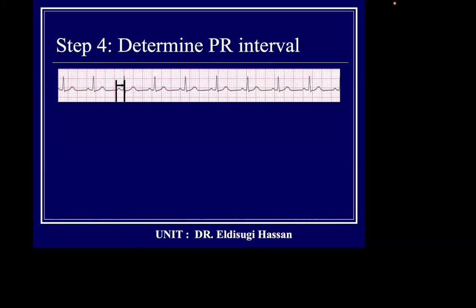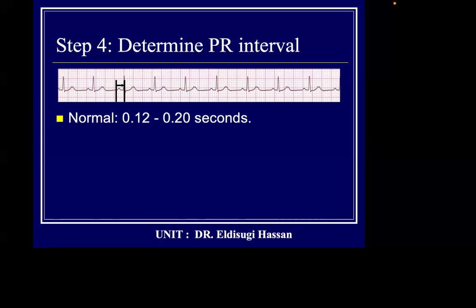This is the PR interval, and this is very important. And we have a lot of conditions that can lead to a short PR interval or a prolonged PR interval. If you assess the PR interval, usually it is about 3 small boxes to 5 small boxes, that is to say 0.12 to 0.20 seconds.